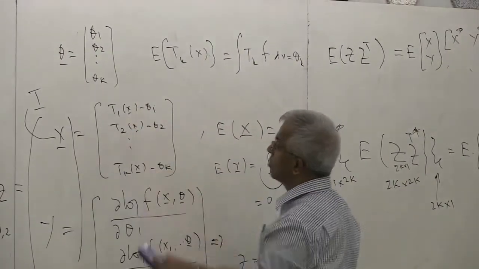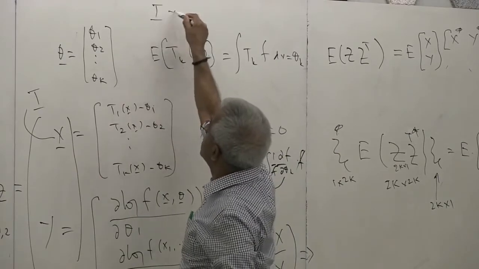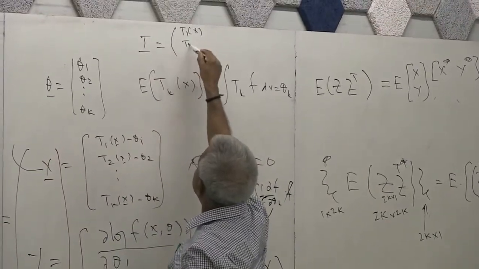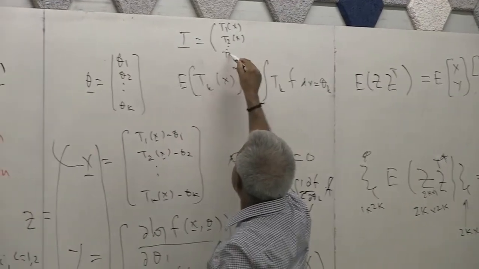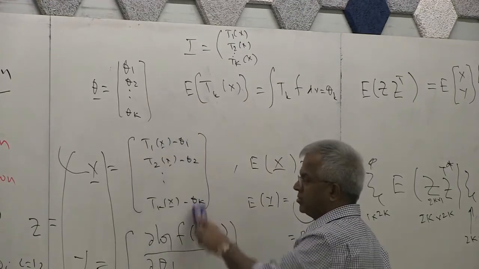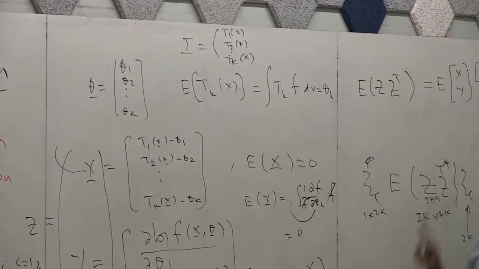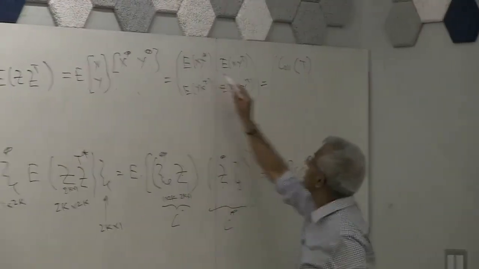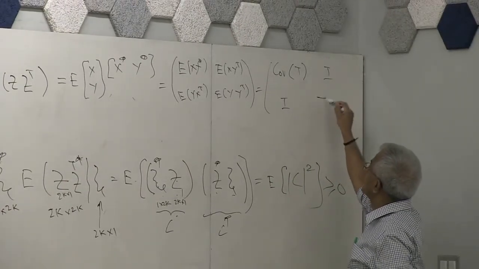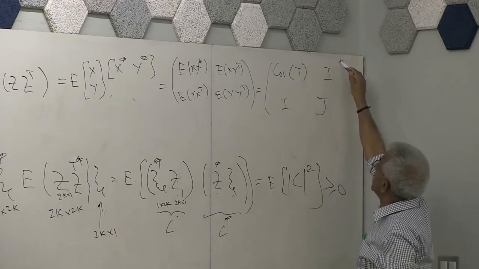So either you can call t to be t1x, t2x. So its covariance matrix is what? The vector minus the means multiplied by its transpose. So that's what this quantity is. And this is identity, this is identity. This I'm going to call J.